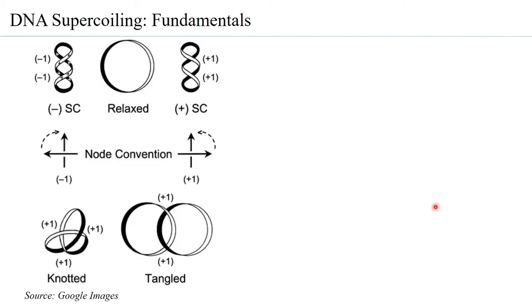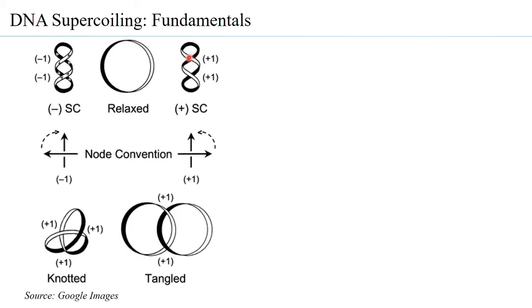Now, fundamentally, what we understand is that the number of times the double-stranded DNA crosses each other, that many number of supercoils are present. So let's say consider that this relaxed DNA is coiled towards the right twice. Then you have one coil over here, that is crossing of the double helix over here, and the crossing of the helix again over here.